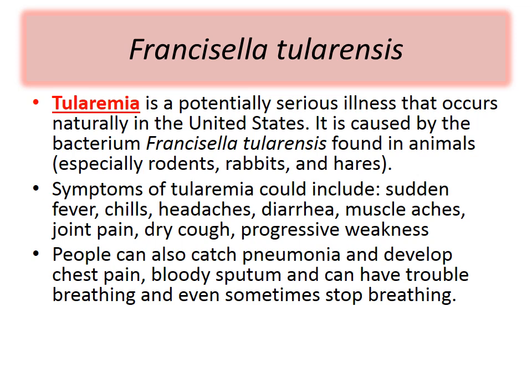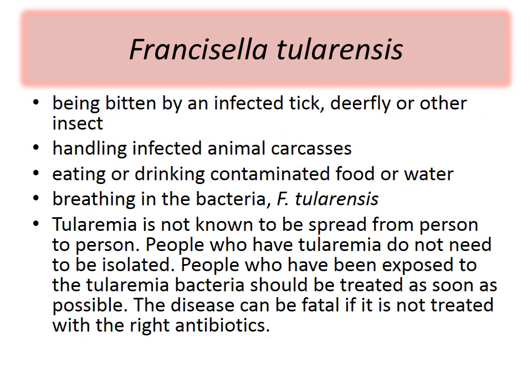People who get tularemia will have a sudden fever, chills, headaches, diarrhea, muscle aches, and then over time progressive weakness, as more and more muscle gets involved. And in the end, people may have pneumonia, chest pain, bloody sputum, and difficulty in breathing, and sometimes the breathing may totally stop, and that will be fatal.